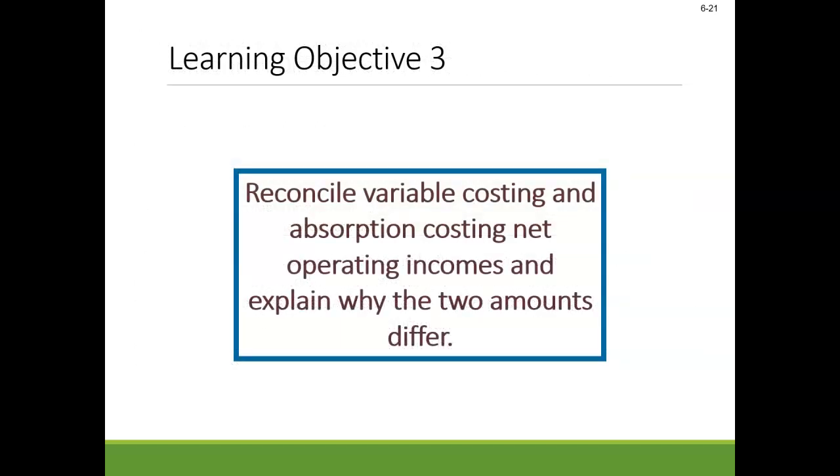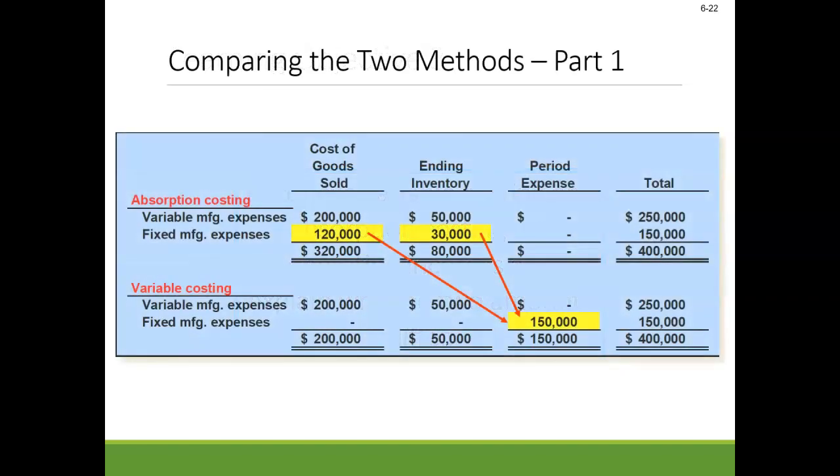Now, we're going to look at the two methods and then come up with why those numbers are different. So here you see, under absorption costing, we've got the manufacturing expenses that were put into cost of goods sold at 120, but that's still sitting in inventory, ending inventory is at 30.